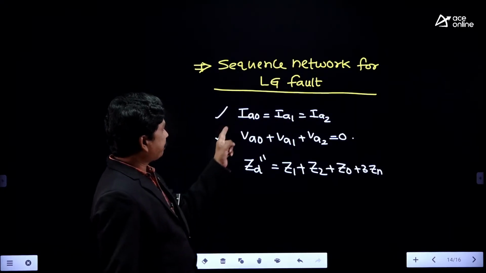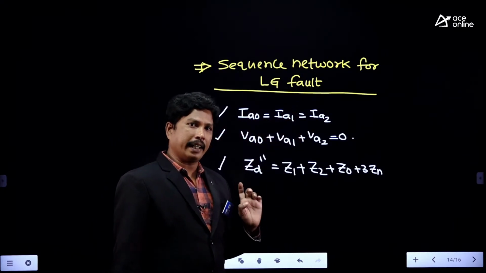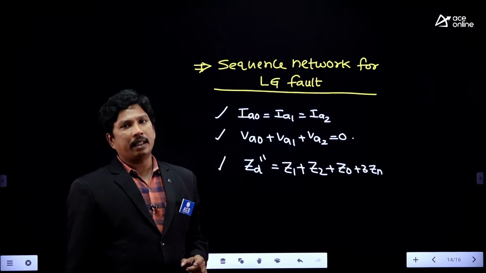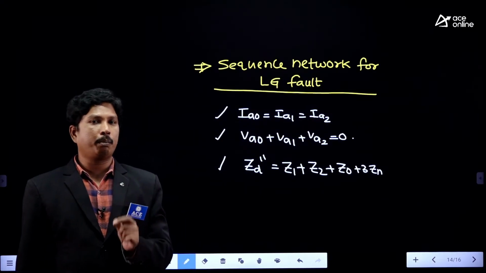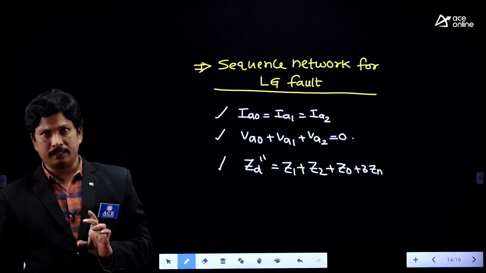So we can say that when all the currents are exactly equal, the sequence networks for LG fault should always be connected in series, right?